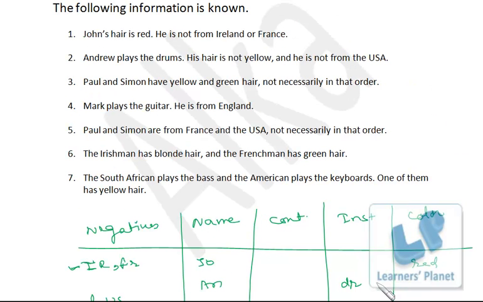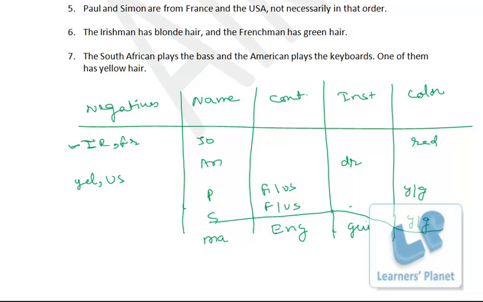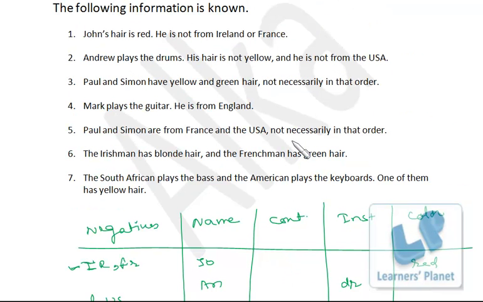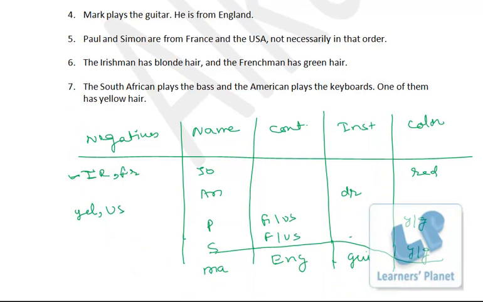Okay, let's go back. From countries, we have England, France and US over here. And here Ireland cannot be there because we have put that in negatives. So the remaining country is South Africa, and this is Ireland.